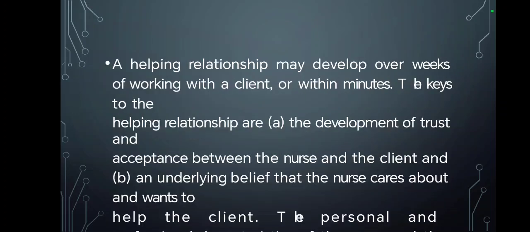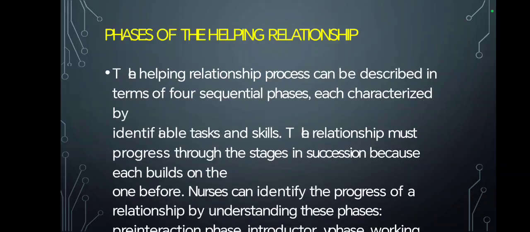A helping relationship may develop over weeks of working with a client. So, the key to a helping relationship is the development of trust and acceptance between the nurse and the client, and the underlying belief that the nurse attends to and wants to help the client.